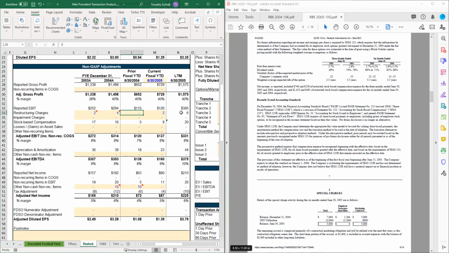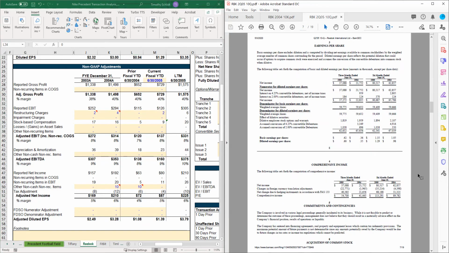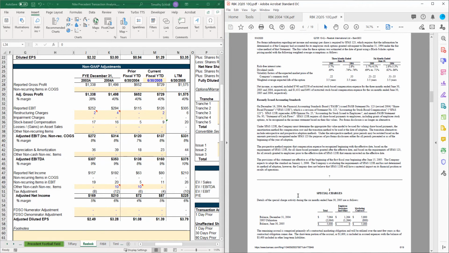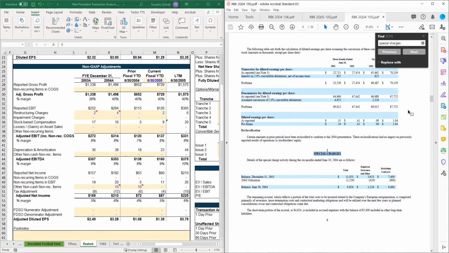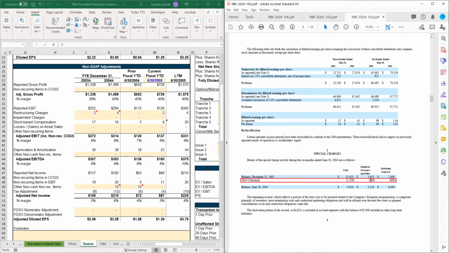And then I actually have to go to the 04 comparable one. We're not going to have it in this filing. I want to find what it was for 04. So hang tight. So here we are now. I've pulled up the 2004 Q2 10Q for Reebok, and let's look up special charges here. So let's dig that up, and we can see, here we go, 0.429 plus 0.8 is what we'll enter in.